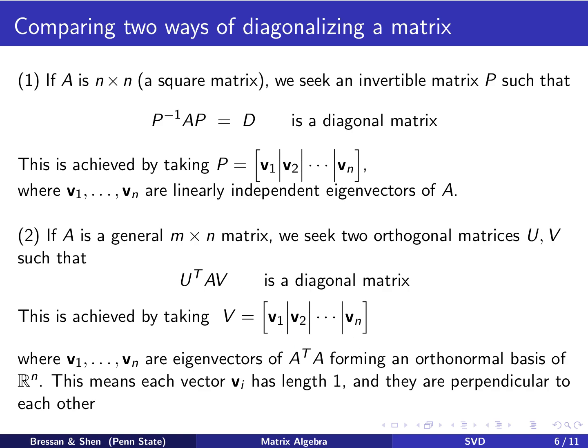They will be the eigenvectors of A transpose times A, which is symmetric. So this forms an orthonormal basis of Rn. All the vectors vi have length 1, and they are perpendicular to each other. I just want to put them side by side so we see the difference in these two procedures.